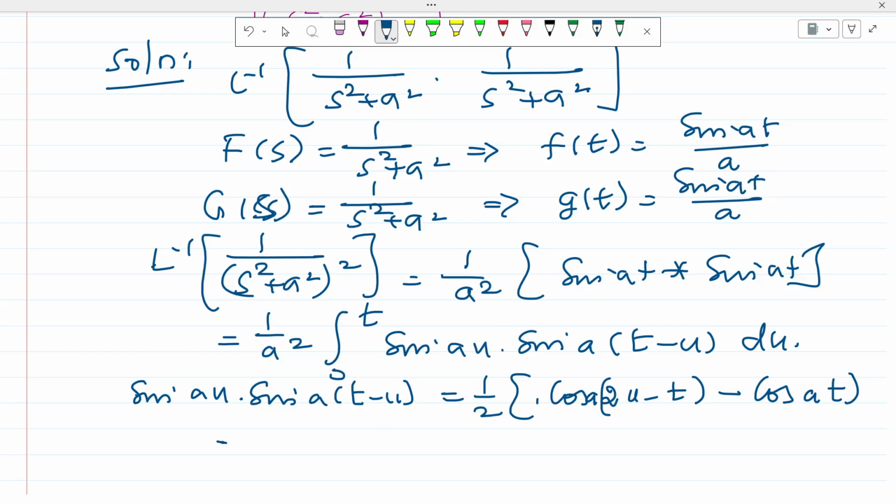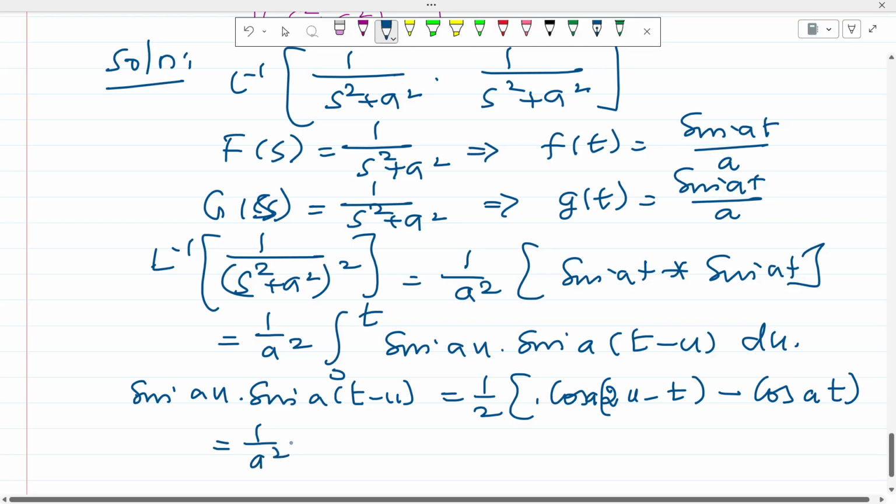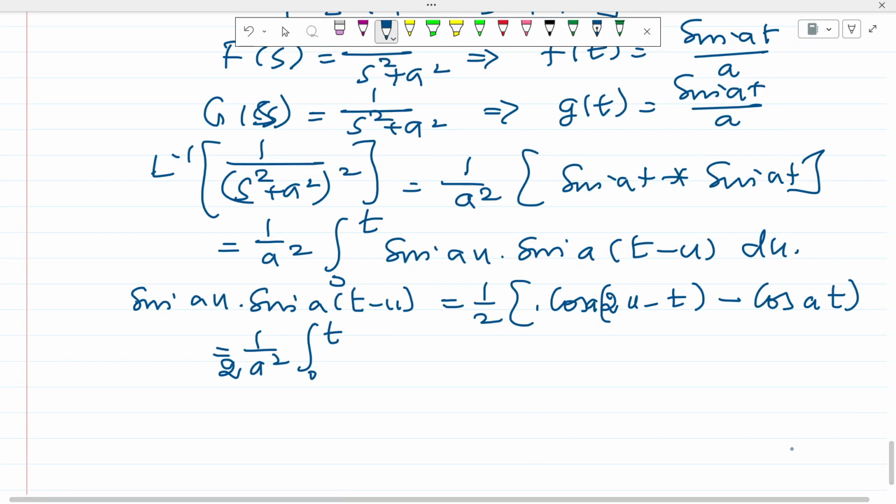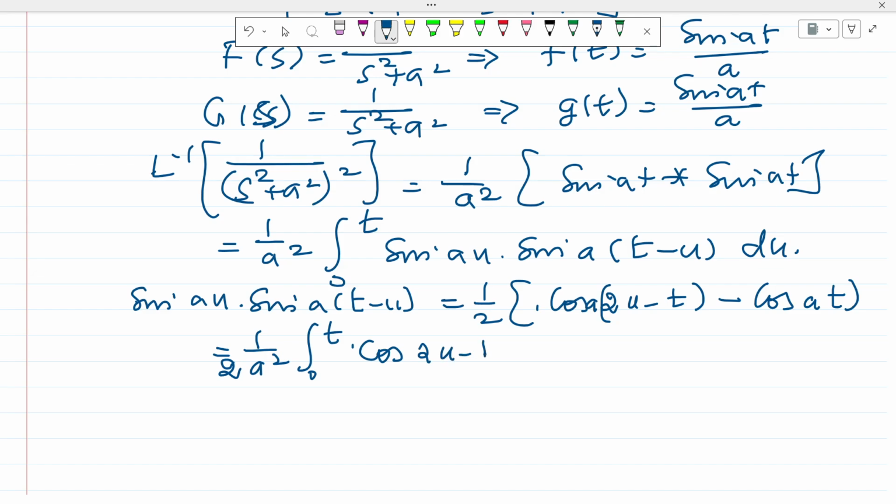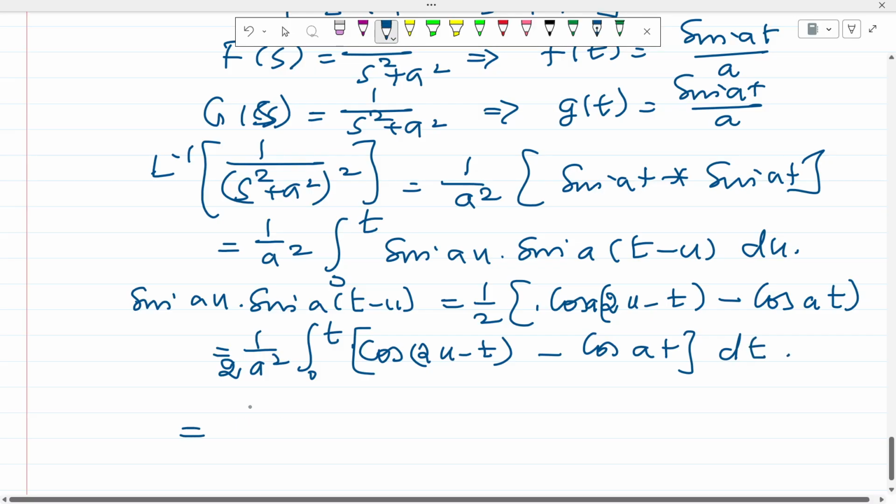Applying this formula, we will get 1 by a square integral over 0 to t, taking 2 outside, 1 by 2a square, cos of a into 2u minus t, and then minus cos at du, that is equal to 1 by 2a square. What is the integral of cos a into 2u minus t?